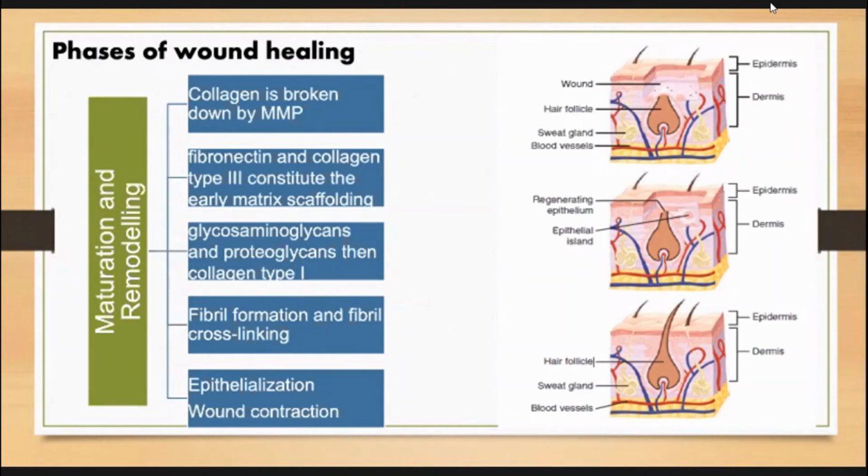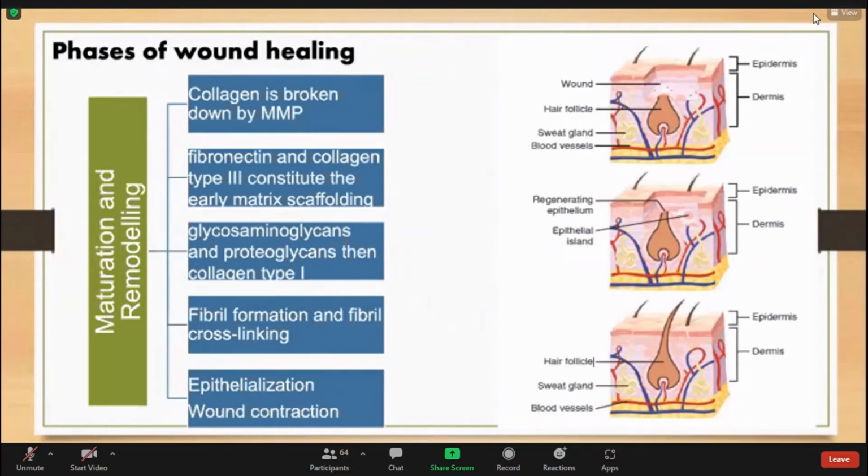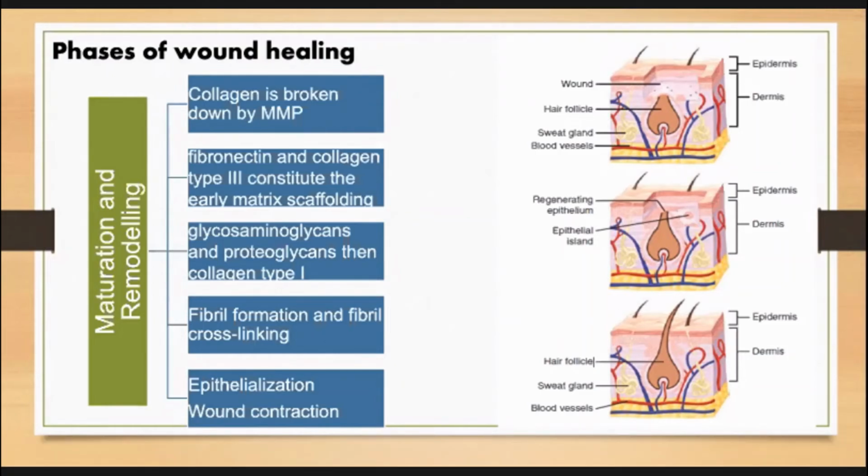Now, scar remodeling continues for up to 6 to 12 months post-injury, gradually resulting in a mature, avascular, and acellular scar, depending on your genes. The mechanical strength of the scar never achieves that of the uninjured tissue. It will approach 80 to 90%, but not really 100%.